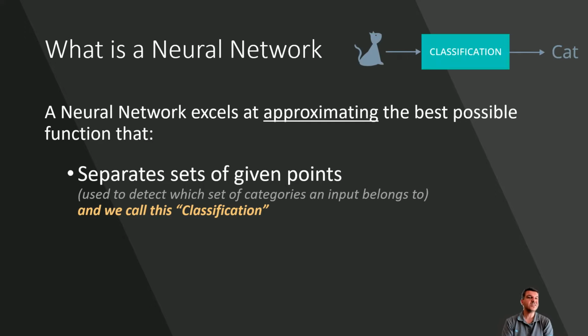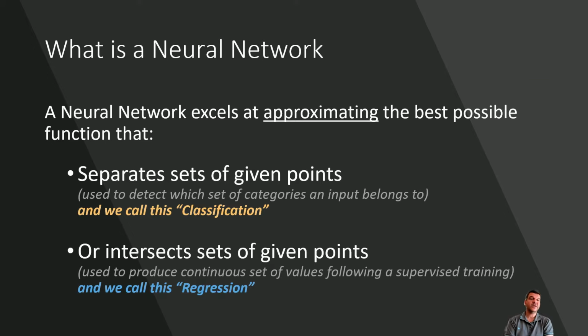So this is an example where you feed a cat picture to the neural network classifier and it returns a label that what it saw is a cat. So by being able to separate, to categorize sets of data, this is what we mean when we deal with classification problems.